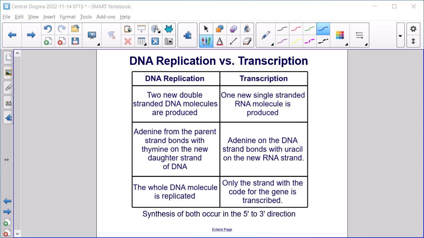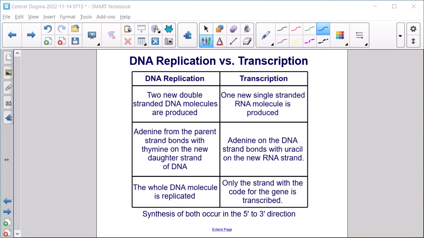DNA replication versus transcription. In DNA replication, 2 new double-stranded DNA molecules are produced, whereas in transcription, 1 new single-stranded RNA molecule is produced. In DNA replication, adenine from the parent strand bonds with thymine on the new daughter strand of DNA, whereas in transcription, adenine on the DNA strand will bond with uracil on the new RNA strand.